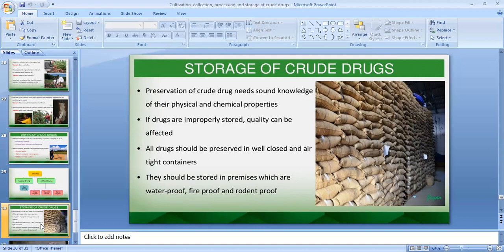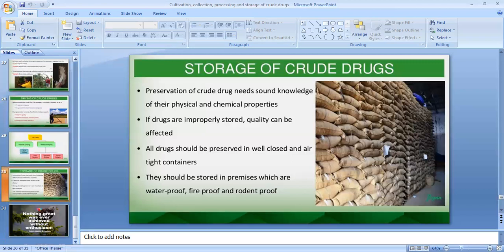They should be stored in premises which are waterproof, fireproof, and rodent-proof. This is the picture of the crops stored in a proper manner.